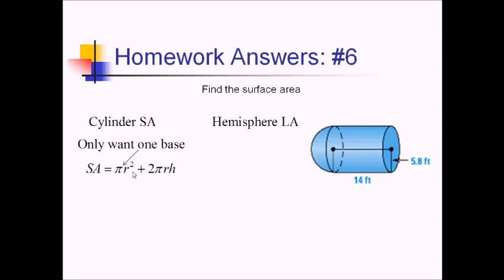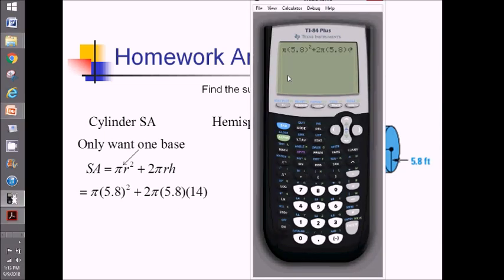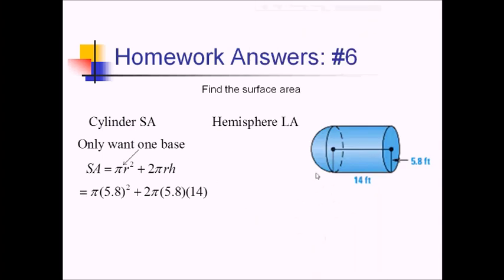Plugging in our radius now, we had a radius of 5.8, so pi times 5.8 squared, plus 2 pi times 5.8 times the height, which is this 14 feet. So let's use the calculator now. Plugging all that in, and here's the rest of it, got kind of cut off there. We have about 615.9, and that's what, square feet? So we'll put the units on there in a second.